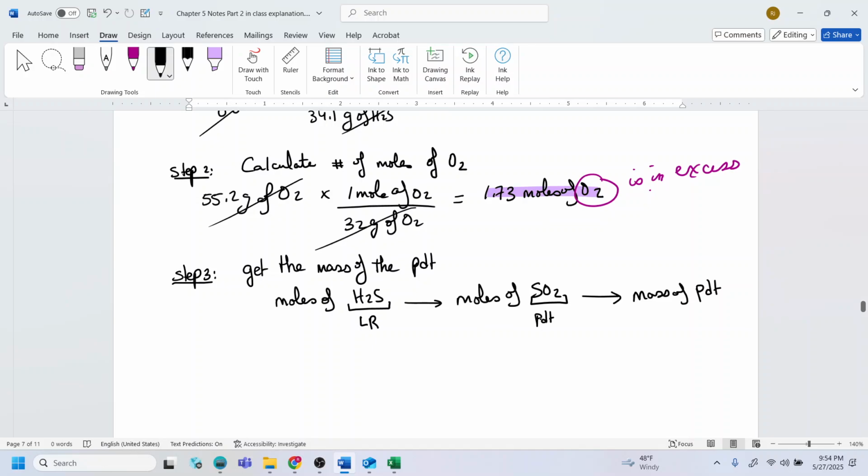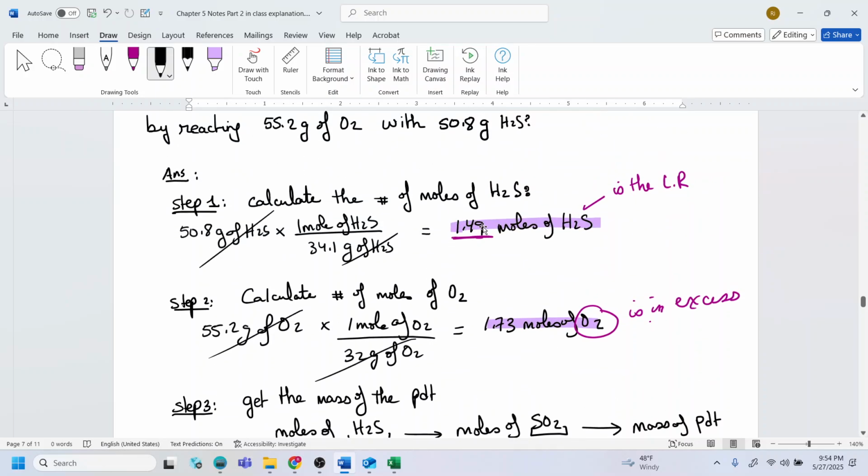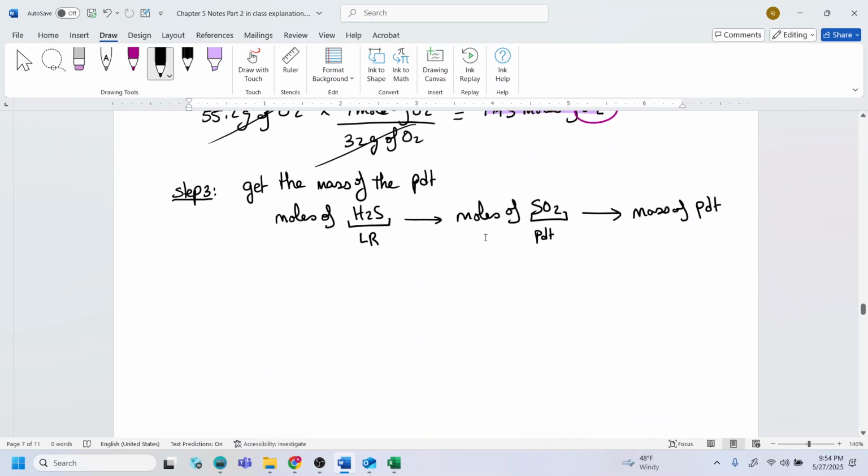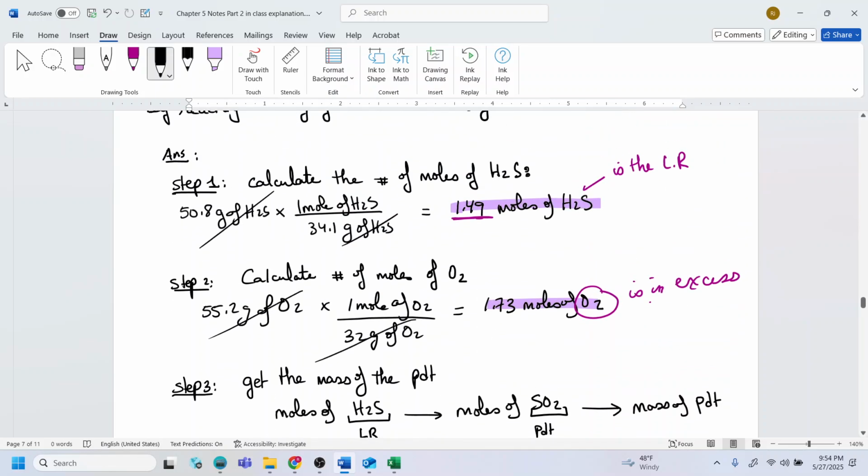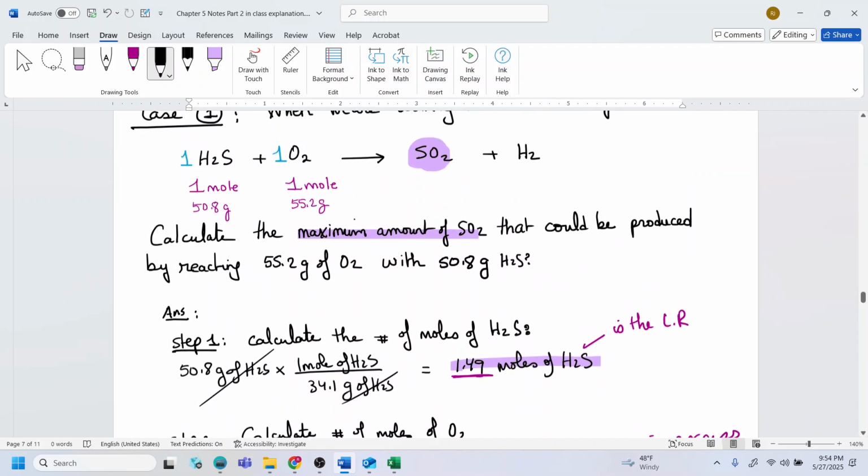So I'm going to start with how much did I use of the H2S? I used 1.49 moles of the H2S. So this is 1.49 moles of H2S. I'm going to change this into moles of SO2. Look at the chemical equation, you guys.